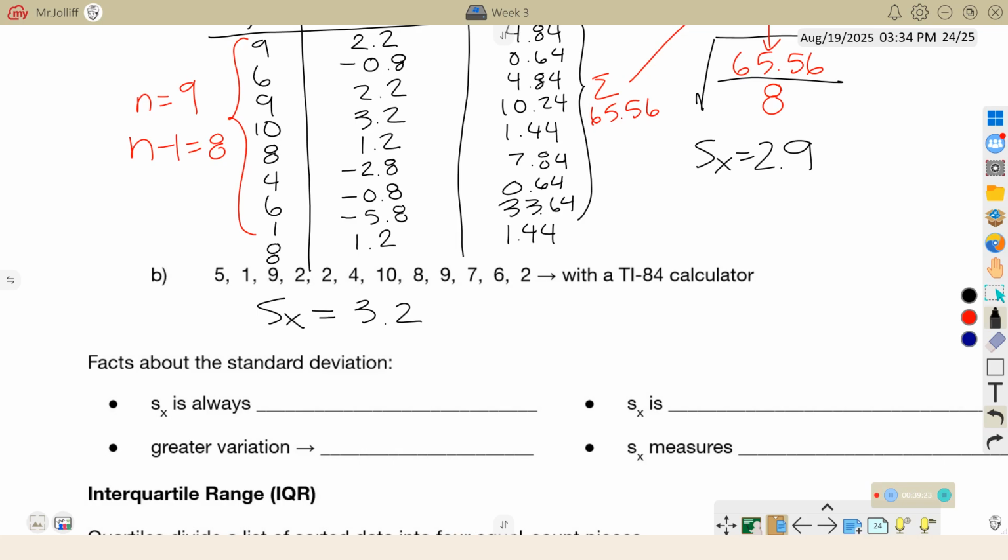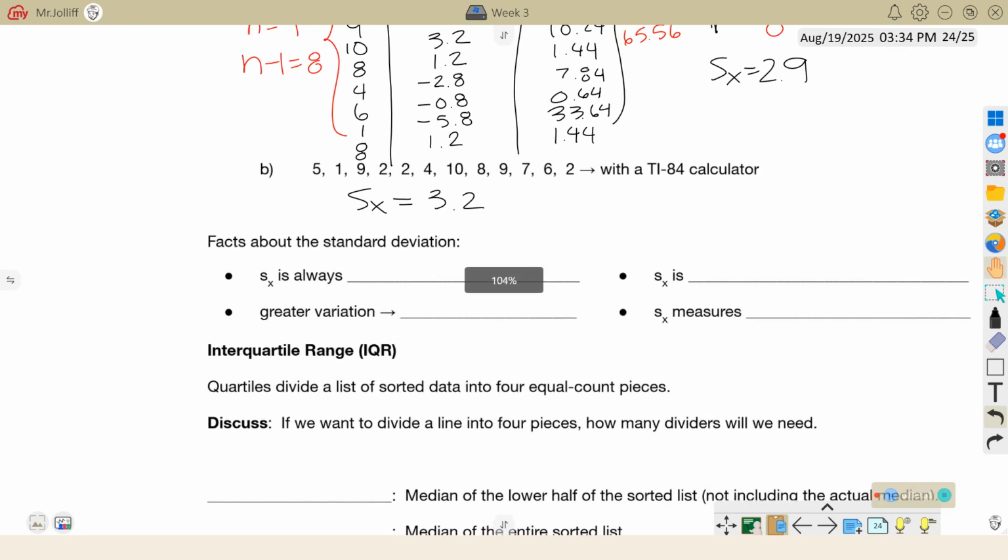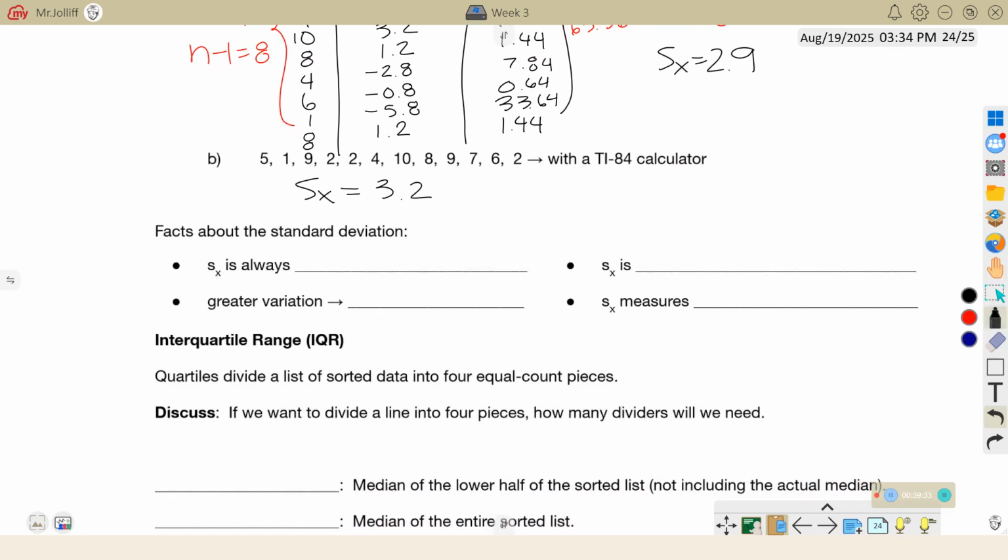A or B? B, because B's standard deviation is larger. Very good. If we scroll down a little bit to facts about standard deviation, greater variation comes from larger standard deviation values. The bigger the Sx, the more variable the data is.